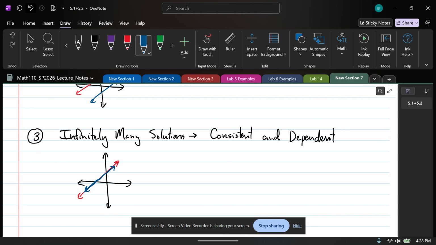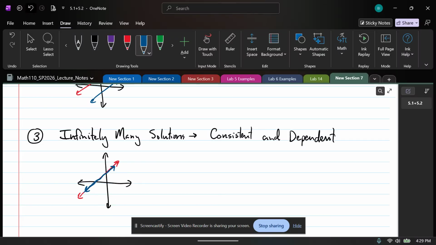So that's what a consistent and dependent system looks like on the graph. So three outcomes. One solution, that's what's going to happen most of the time. No solution, that means we don't have answers. And infinitely many solutions means we've got so many answers we can't tell you what any single one is. There's just so many of them.